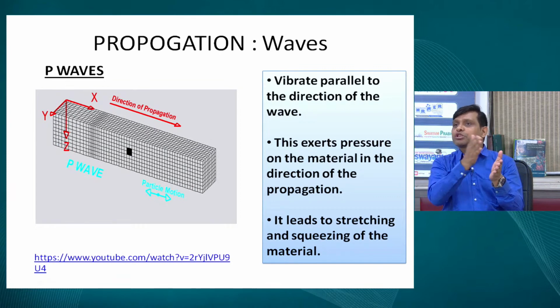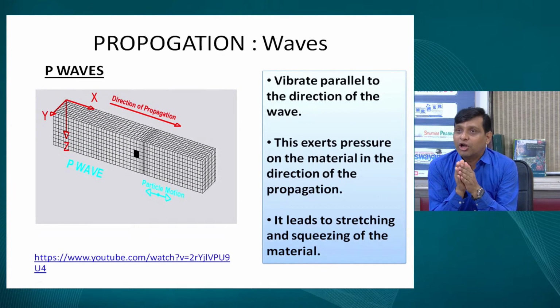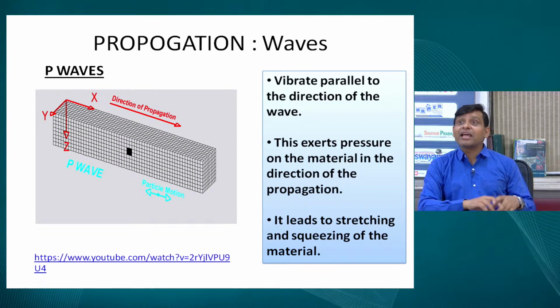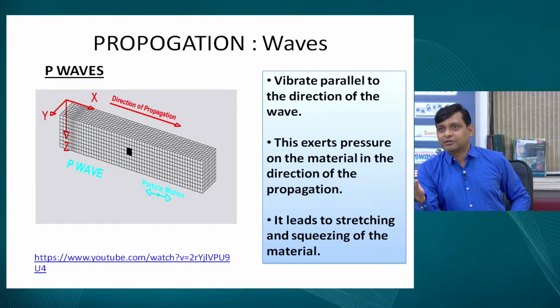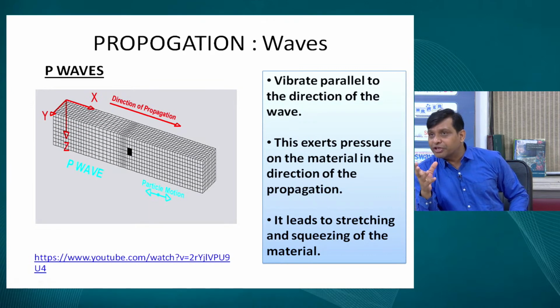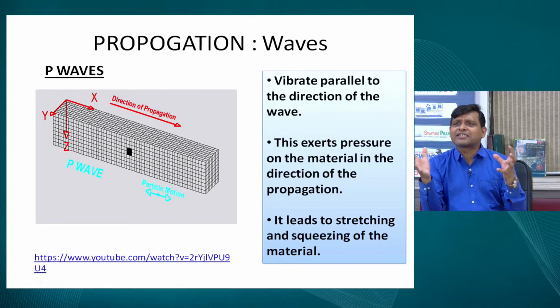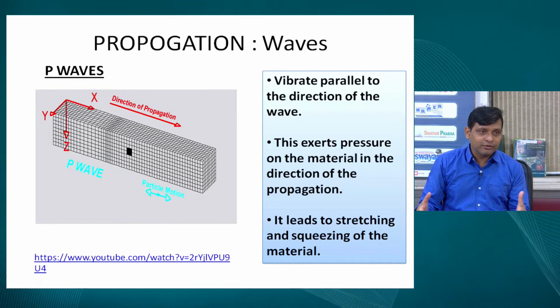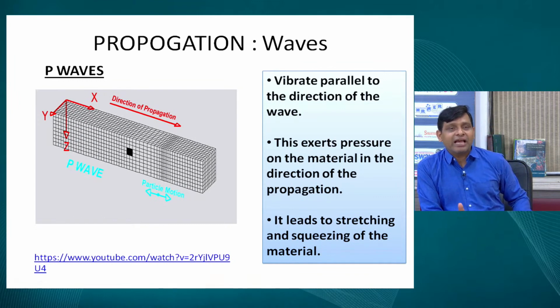So back and forth movement is going on, and because of this their amplitude is smaller and they travel at a faster pace. So here the P wave propagation, we can easily understand, leads to stretching and squeezing of the material, not just destruction. So we have seen P wave generation here.